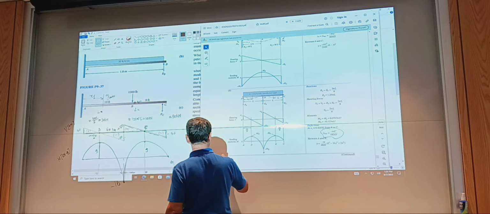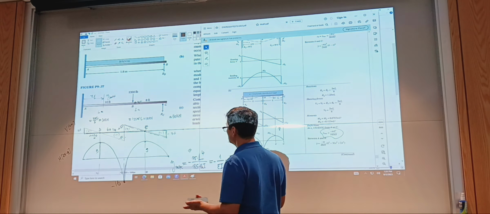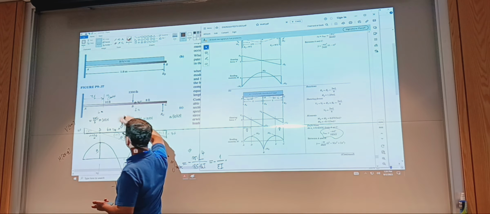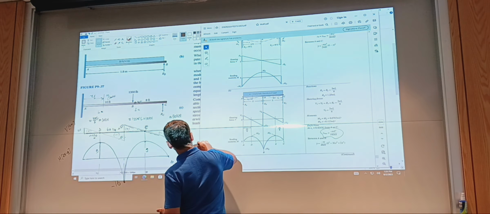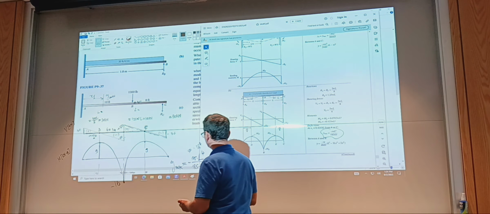And then the rest would be 50, and 50 is the magnitude. So we have 20 kilonewtons. Deflection is negative, down. So 50 times 1.6 to the power 4 over 185.